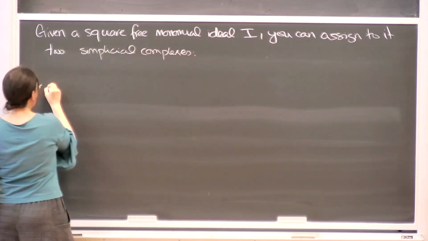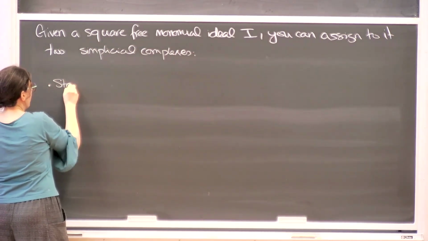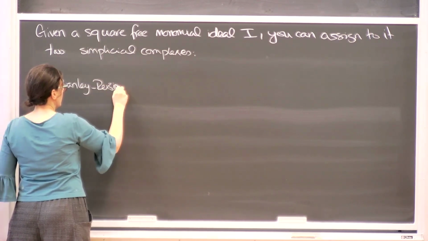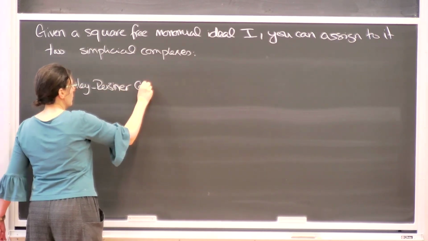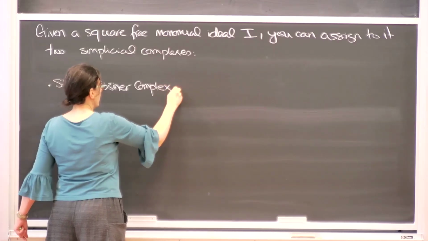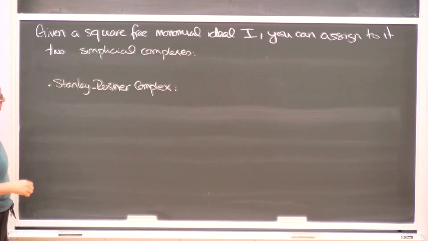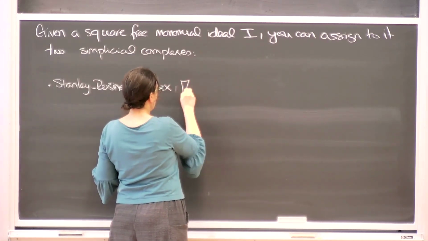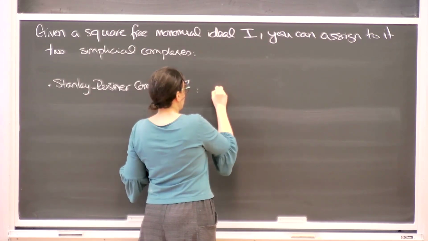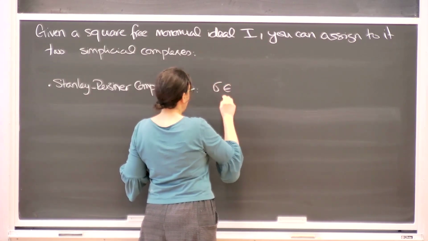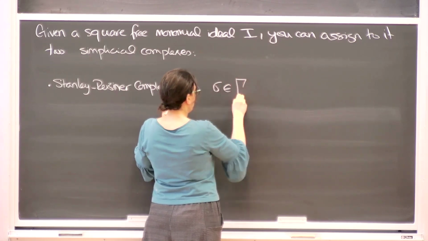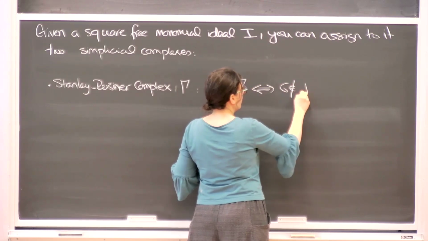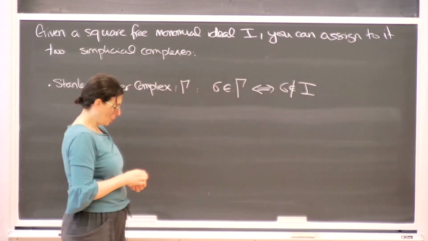So one of them is the Stanley-Reisner complex. The Stanley-Reisner complex basically is, let's call this gamma, sigma is in gamma if and only if sigma is not in the ideal I. Okay, so what do I mean?